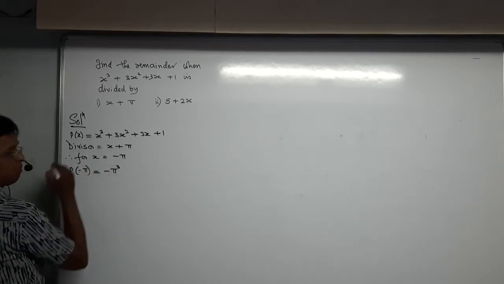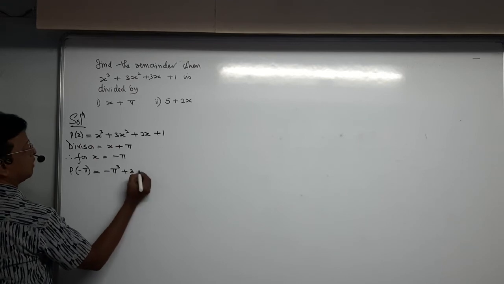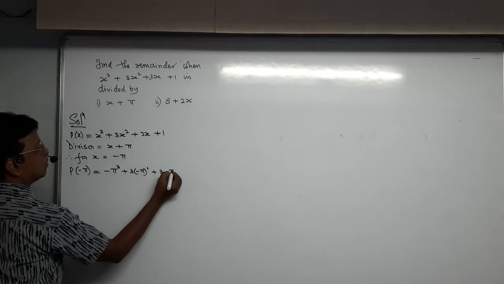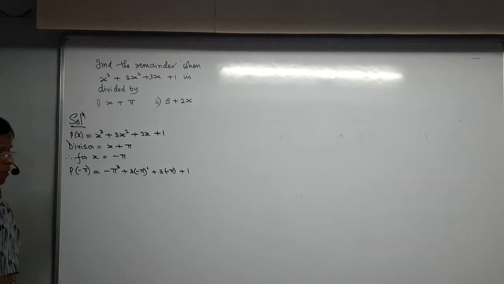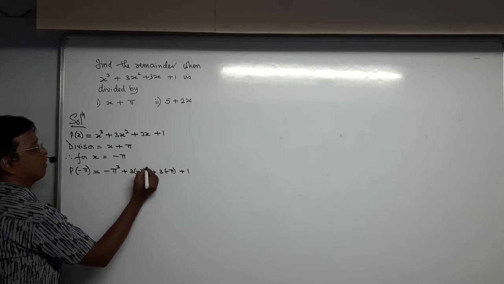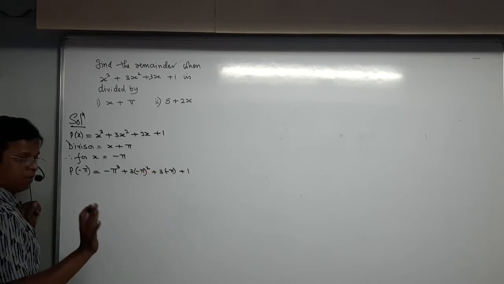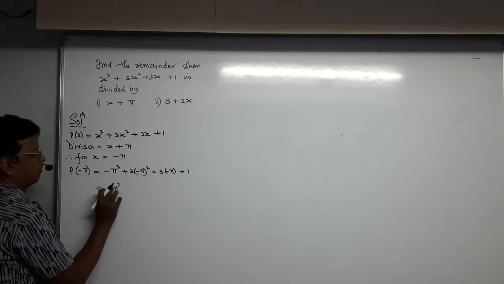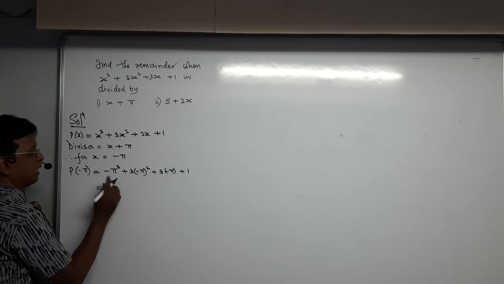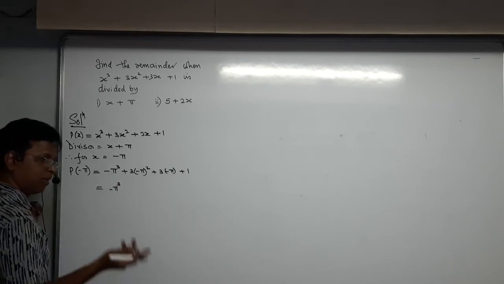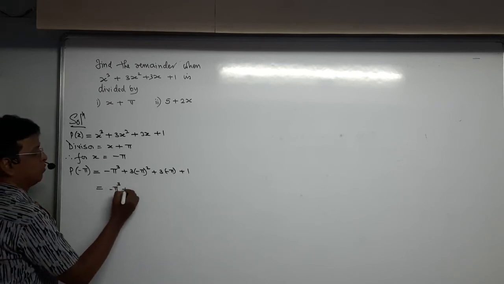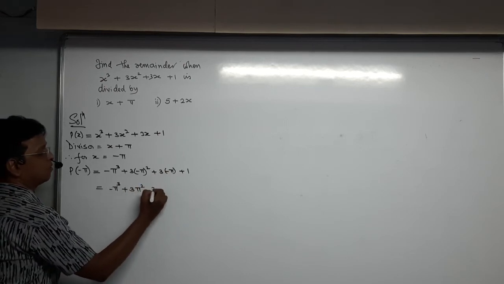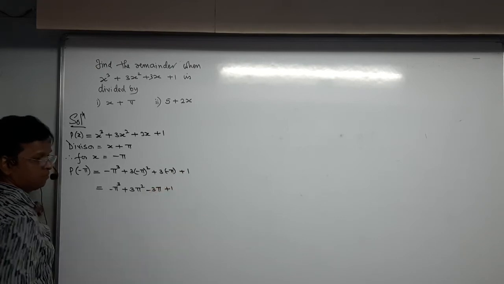In place of x you will write minus pi, plus 3 into minus pi square plus 3 into minus pi plus 1. Now you know that whenever power is even, then it will not be minus. This will be minus pi cube only, because this power is odd. Minus pi into minus pi into minus pi will be minus pi cube. This will become 3 pi square. This will be minus 3 pi plus 1.